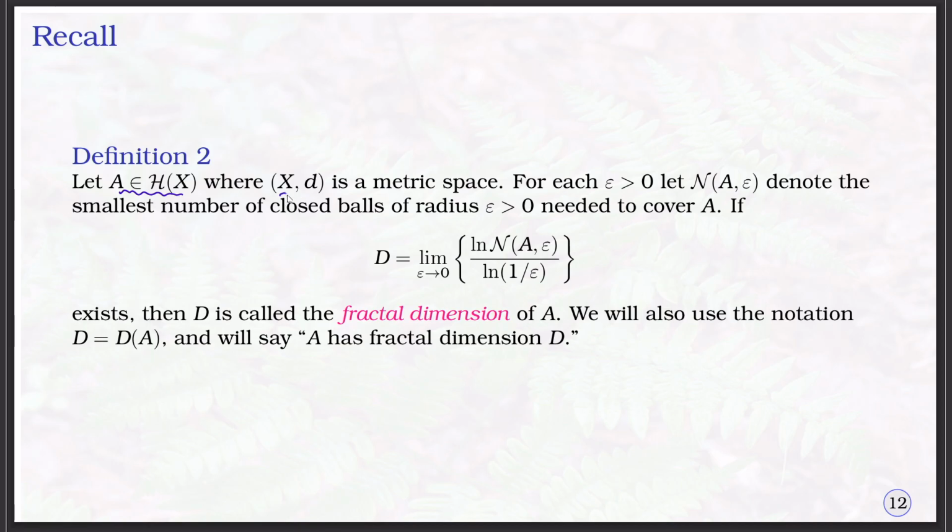Here H of X comma d is a metric space. We are assuming this is a complete metric space, but this result is true for any metric space.